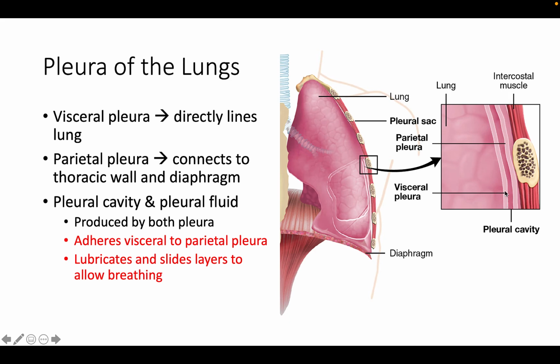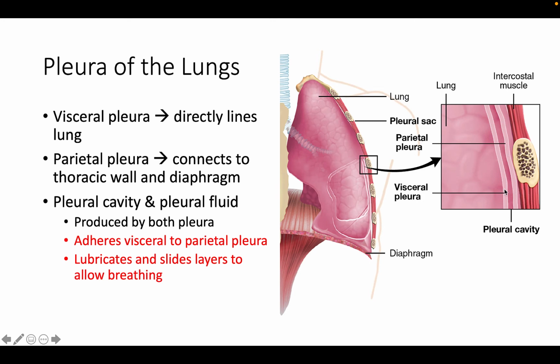And the parietal pleura is the lining, or the outer layer, and it connects the lungs to the thoracic wall. Okay, and also the diaphragm as well. So down here, the thoracic wall and the diaphragm. The pleural cavity is literally just this space between the visceral pleura and the parietal pleura.